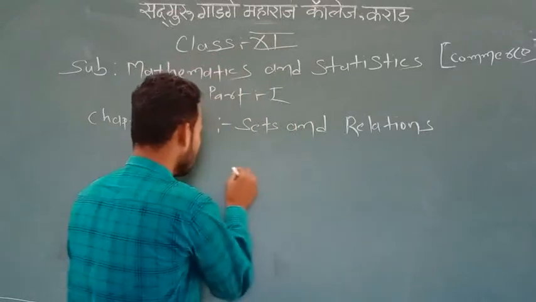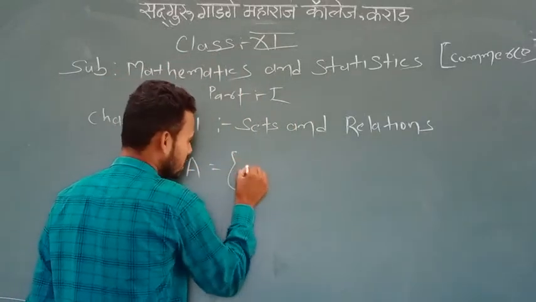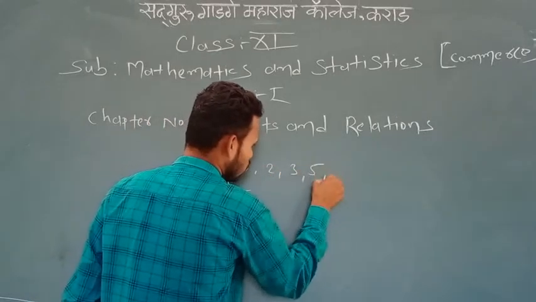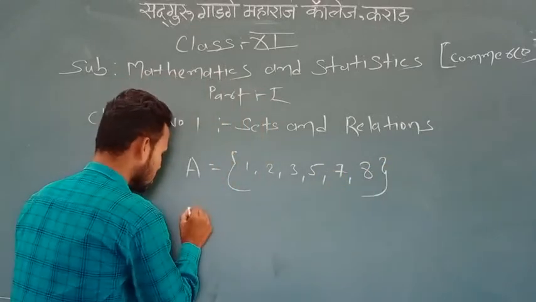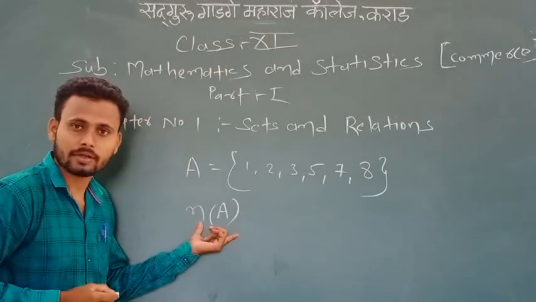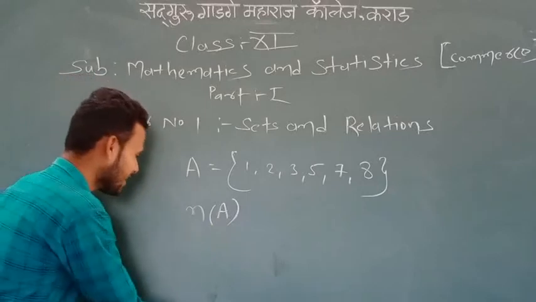For example, suppose A equals the set containing elements 1, 2, 3, 5, 7, 8. The number of elements of a set is denoted by n(A), or the cardinality of a set.